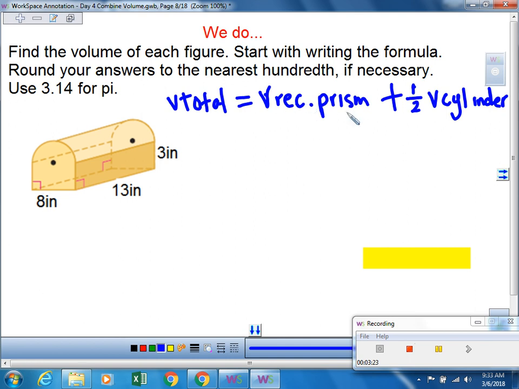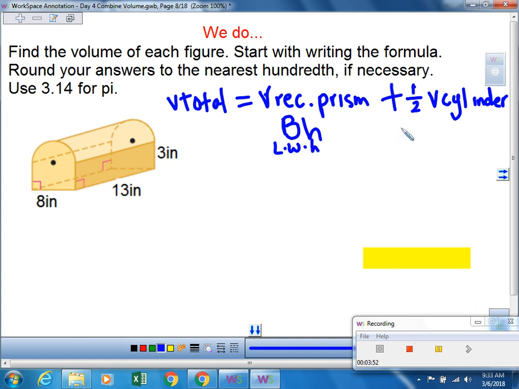So now we're going to write our formula. So what is the formula for a rectangular prism? Yes, the formula that we have on our sheet is base times height. This is area of the base. And just like Jason said, it is length times width. So length times width times height.